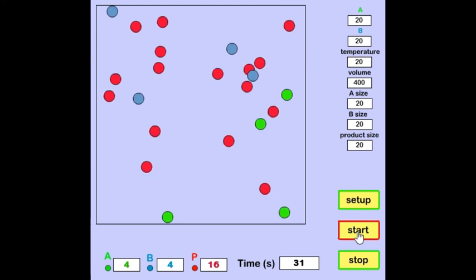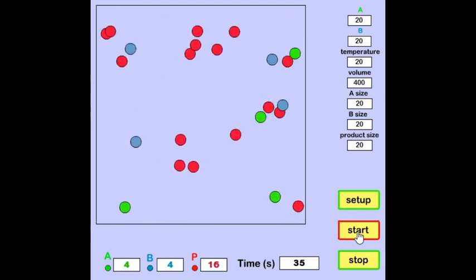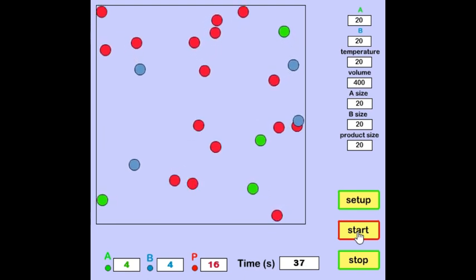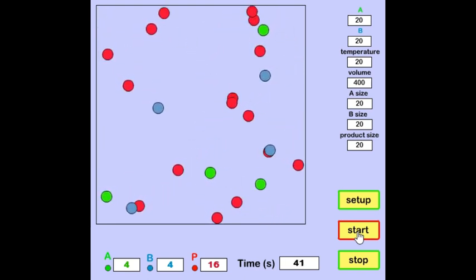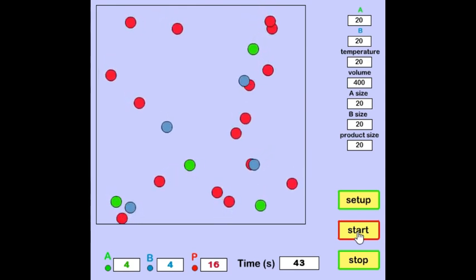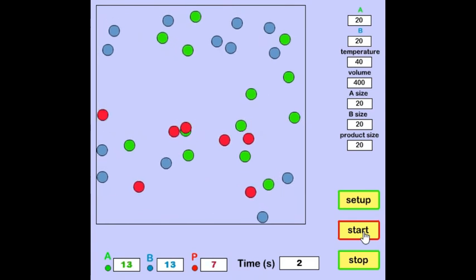Now what we can see is the time at the bottom there is counting up quite nicely, and we've still got quite a number of those unreacted reactant molecules. So what we're going to do is just stop this one here and have a look and see what happens when we double the temperature.